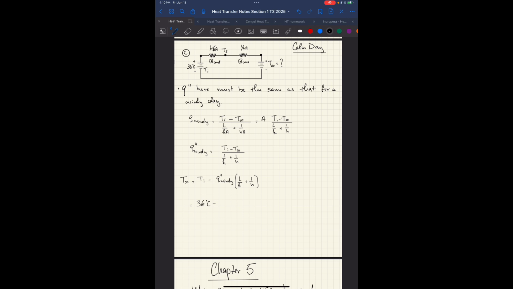Q windy is 1678.48 watts per meter squared. And now we have L over K, so that's 3 millimeters divided by K, which is 0.2 watts per meter Kelvin. This is H for a calm day, which should be 25. I'm going to double check that in just a moment.